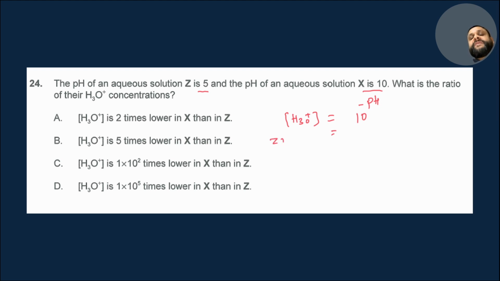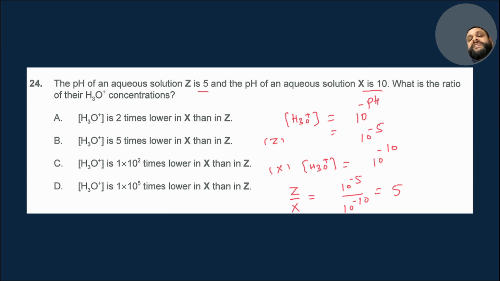For Z, we will have 10 to the power minus 5, and for X we will have H3O plus ion concentration will be equal to 10 to the power minus 10. So next, let's find out the ratio. So Z divided by X, so we will have Z is 10 to the power minus 5 and X is 10 to the power minus 10. So if we solve this, that will give us 5.